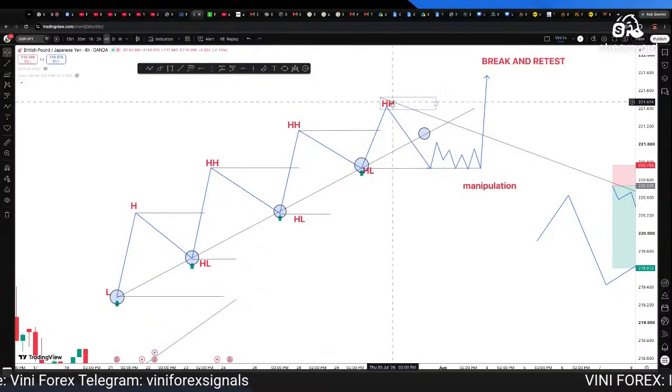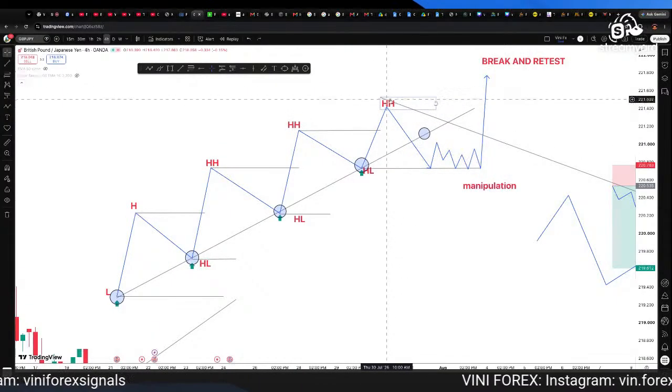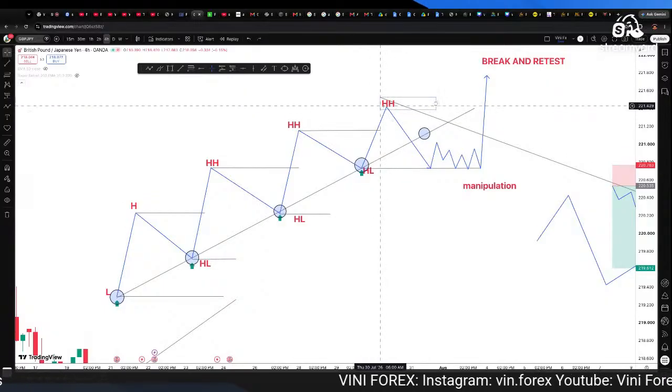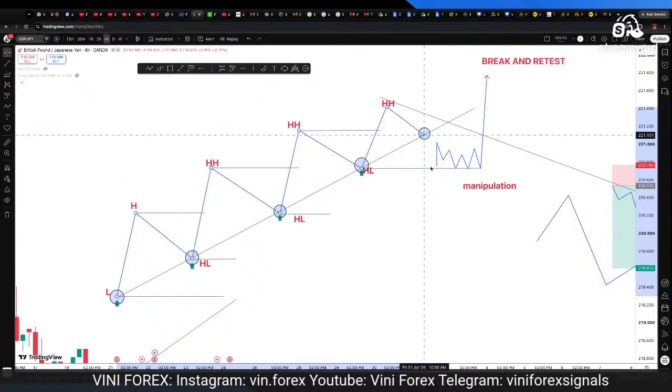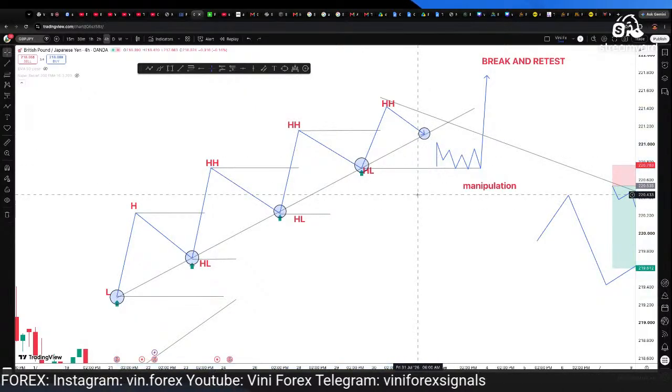Based on the chart, the higher high that has been placed at the fifth level, the one I circled at this point.